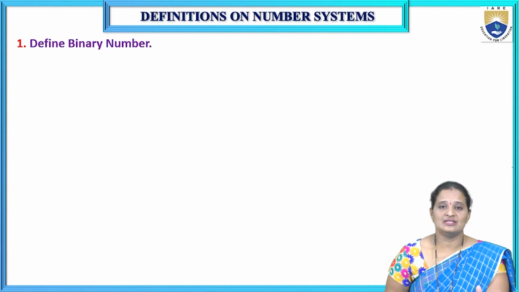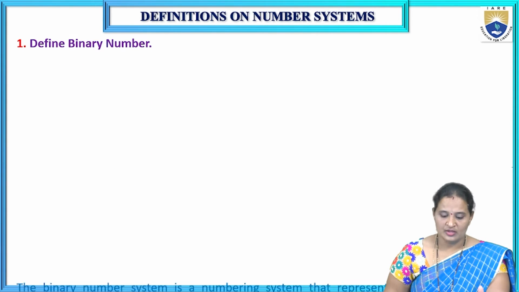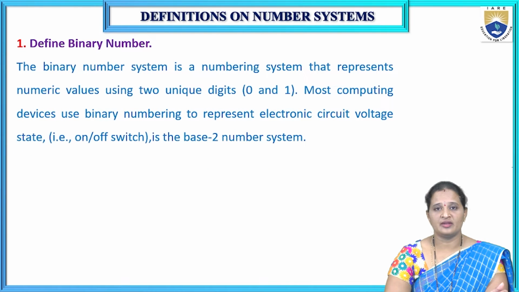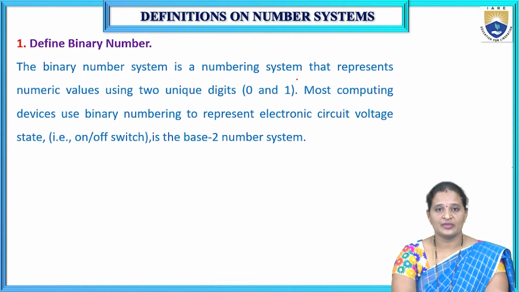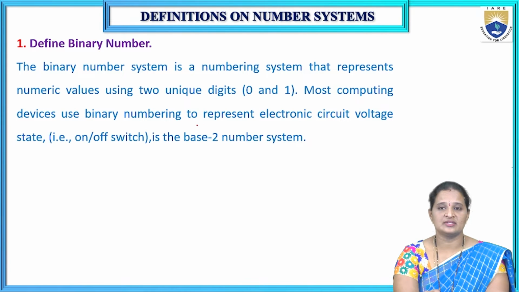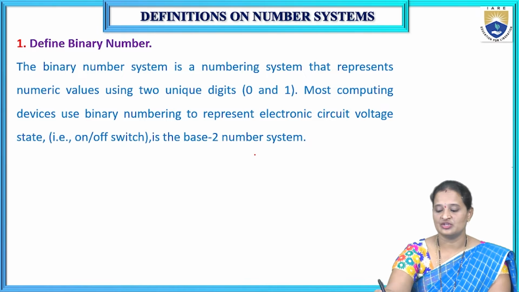So the first one is: define binary number. What is a binary number? How can we define a binary number? The binary number system is a number system that represents numeric values using only two unique digits, 0 and 1. Most computing devices use the binary numbering system to represent electronic circuit voltage states, that is on or off, and the base of this number system is 2.